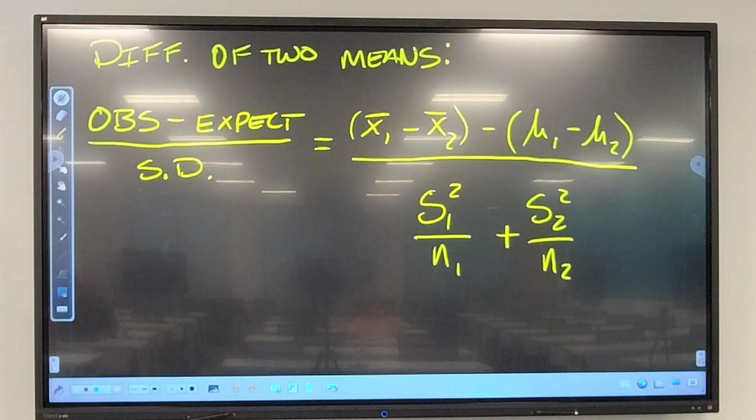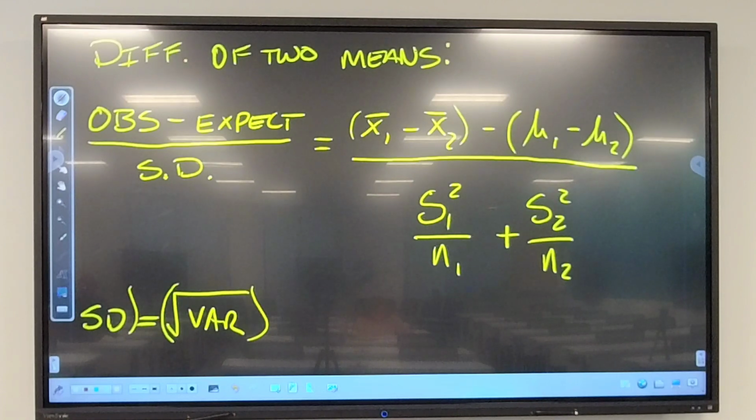First, we had to build this difficult thing. And then we said, oh, the standard deviation is just variance. And we said that the standard deviation is the square root of the variance. So if I square both sides of this, then the standard deviation squared is just the variance.